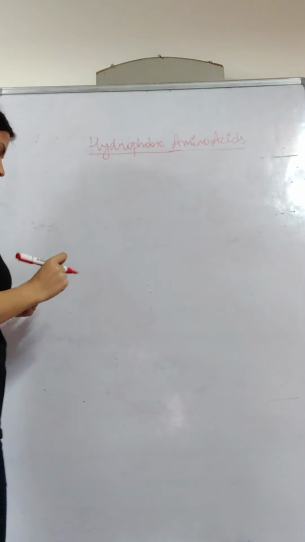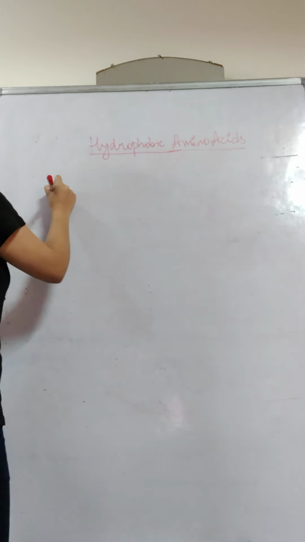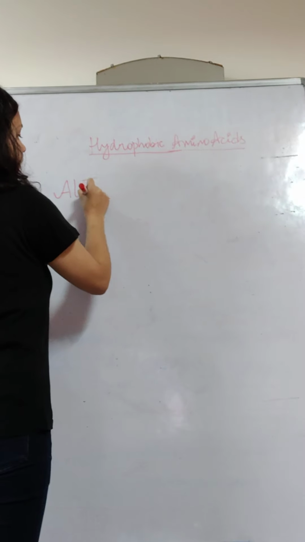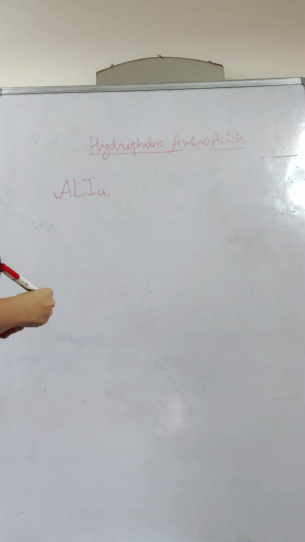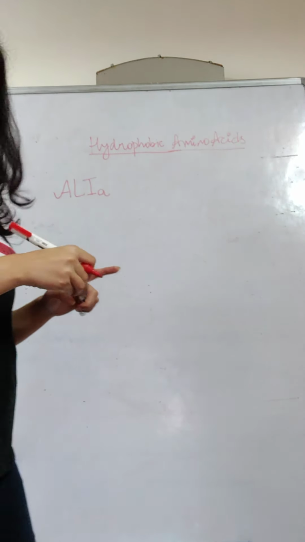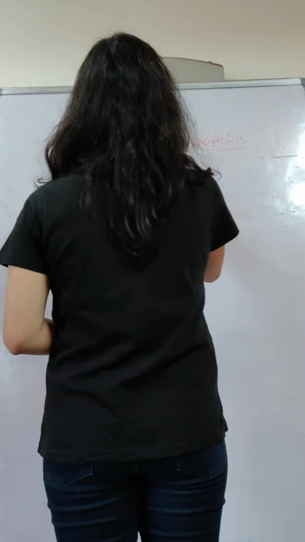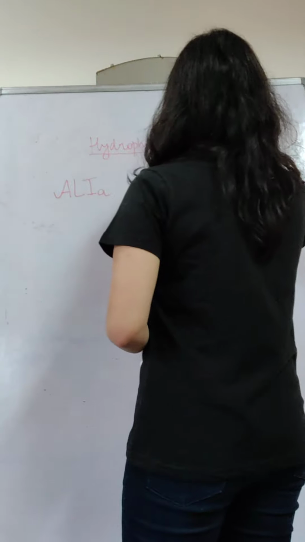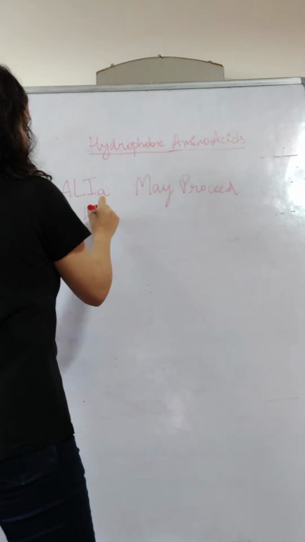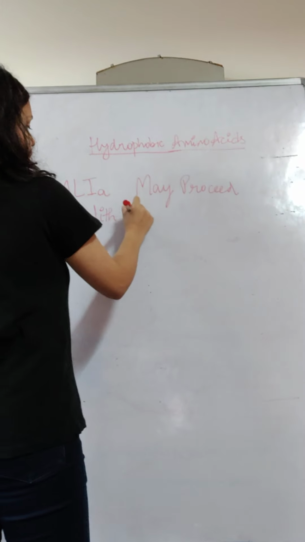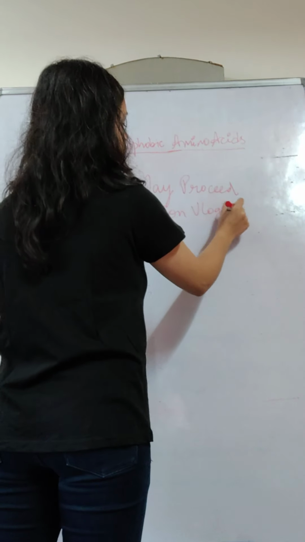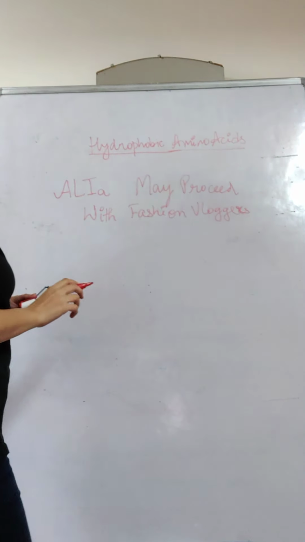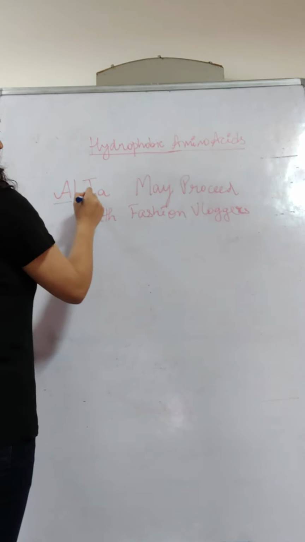In this we have Alia Bhatt, okay, ALAI and A is small. So these are the one-letter codes we will study. Correct? Alia may proceed with fashion vloggers.